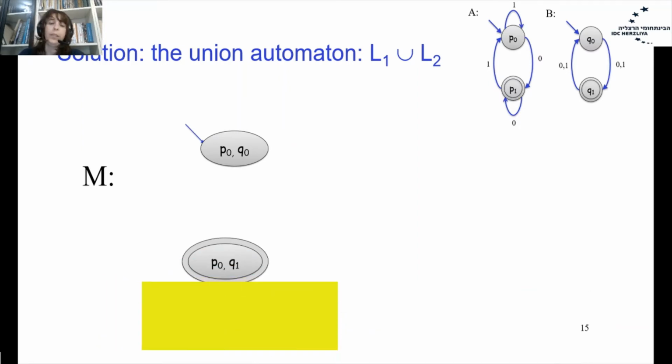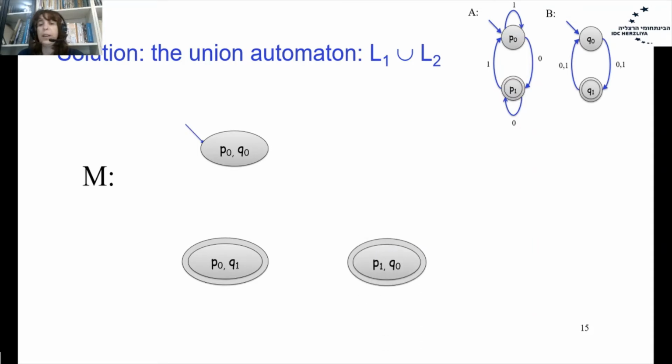We will have the state P0, Q1, and the state will be an accepting state since Q1 is an accepting state. We will have a couple P1, Q0, and here, once again, we are talking about an accepting state, and an additional state P1, Q1 is also an accepting state. Here we have both states: P1 is accepting in A, Q1 is accepting in B.